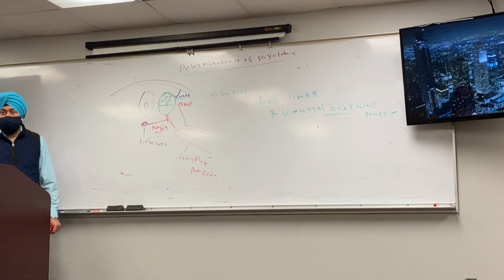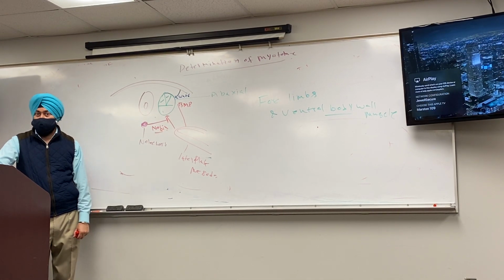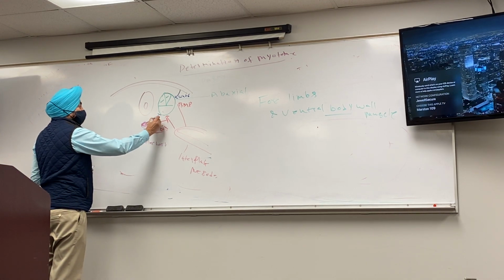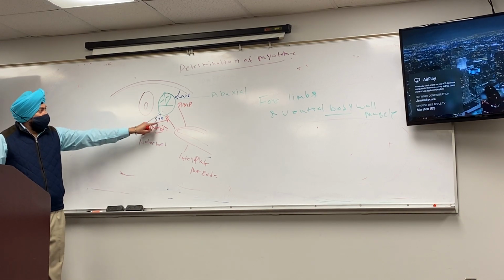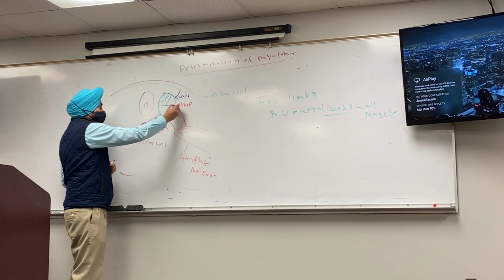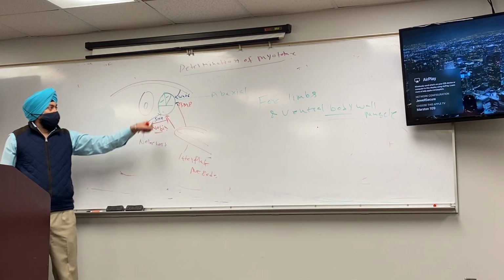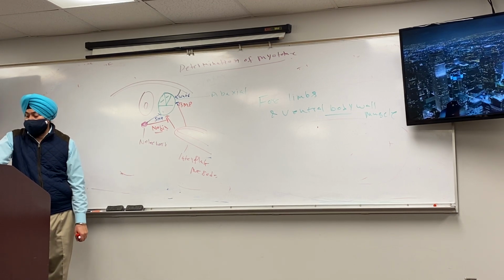Right? So that we said we start making PAX1 because all the sonic hedgehog was coming here. So we had a lot of sonic hedgehog here. But here, Noggin, which is here, cannot reach this abaxial myotome area. Okay.